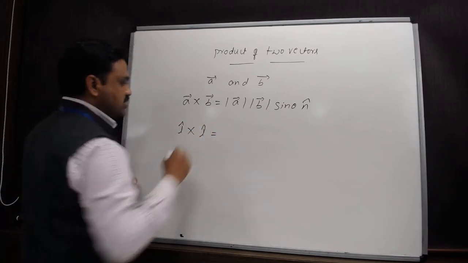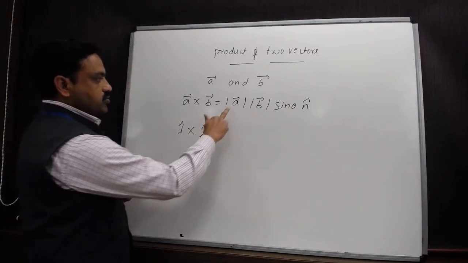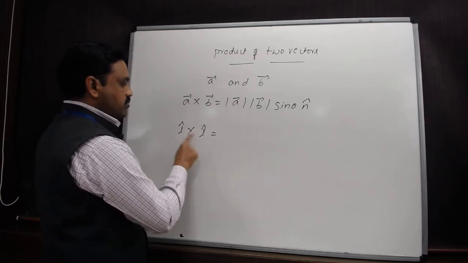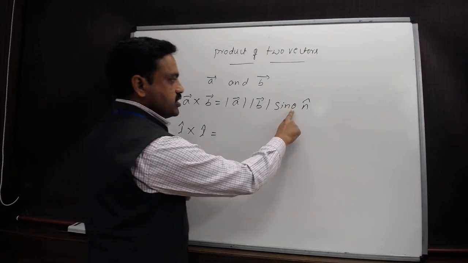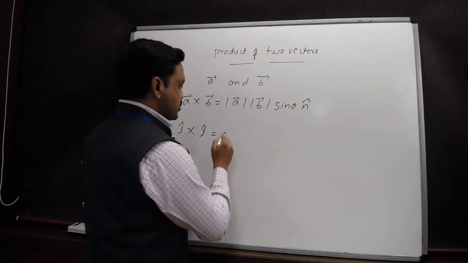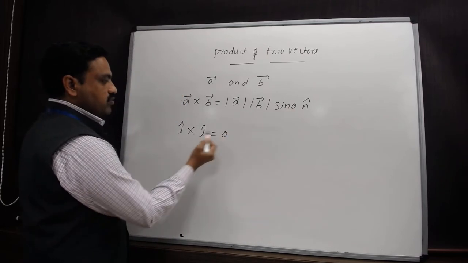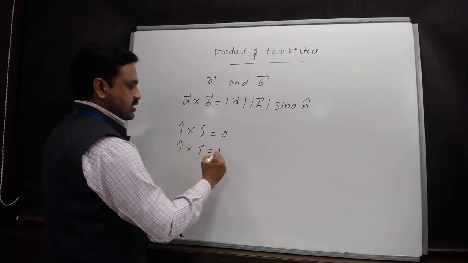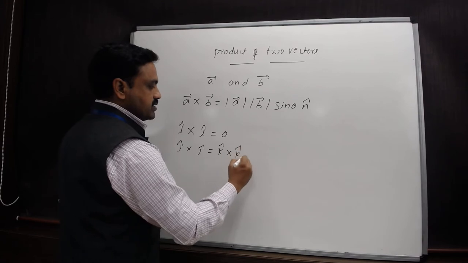What happens in i cross i? If you substitute here, magnitude of i is 1, magnitude of i is 1, and the angle between i and i is 0. If I put 0 here, sin 0 is 0. That is, the cross product of like vectors is 0. Similarly, j cross j as well as k cross k is 0.